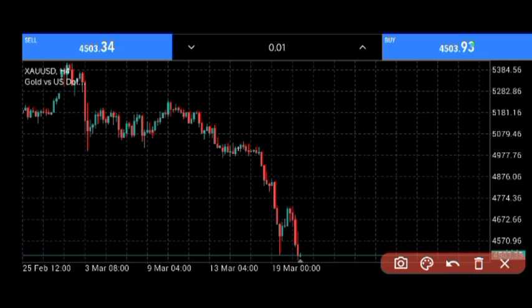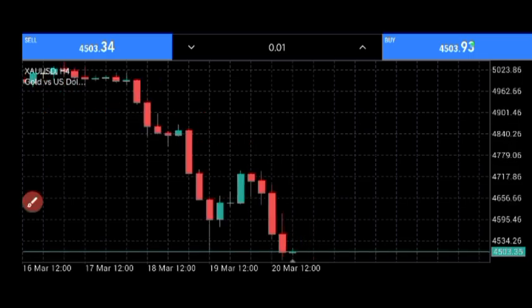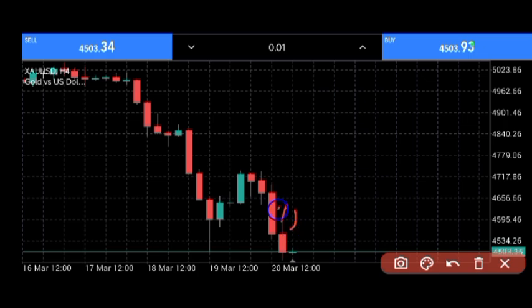And this tiny line is what we call the tick, the wick, which also reflects the price fluctuations. If you are trading, let's say from here, the price was fluctuating here, so this price went up to this level, and it also fluctuated back.